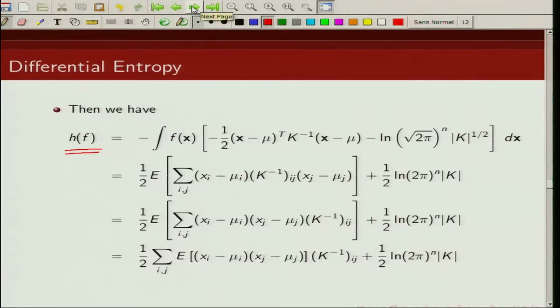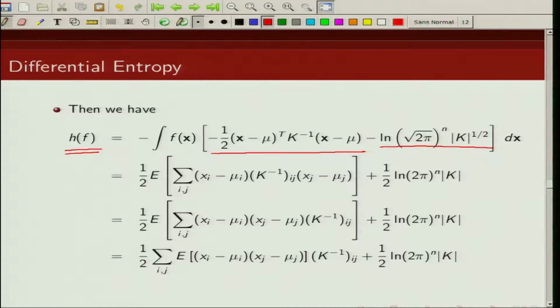So this is what I am writing here. I have minus half (x minus mu) transpose K inverse (x minus mu), that is one term, and then we had this minus of 1 by under root (2 pi)^n determinant of K. So we have these two terms.